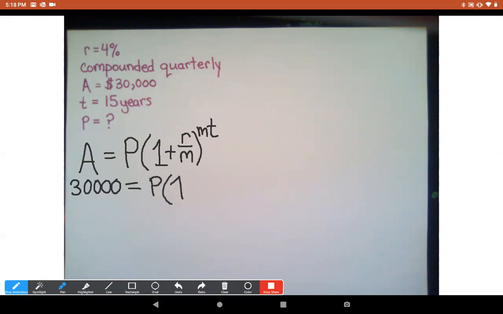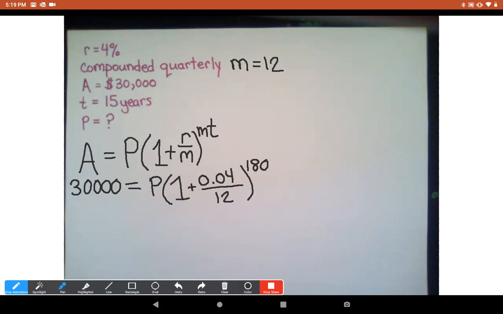So we leave P alone, and R is 4%, so 0.04. Compounded quarterly is to say 12 times per year, raised to the power 12 times 15, which is 180 compounding periods.